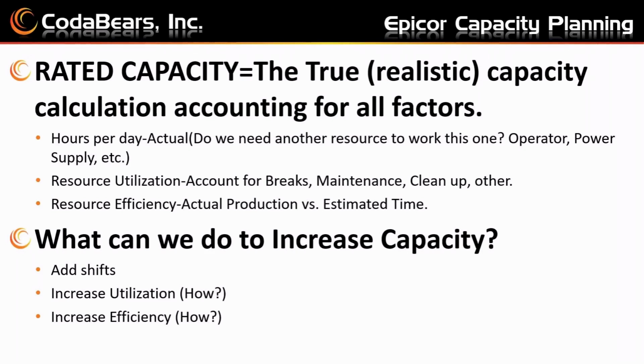How do you do that? You can do work studies on how you're running it, what the actual movements of the operation are, where material is placed, to increase your efficiency. And for your utilization, you can bring in additional staff to do the cleanup, if you're able to do that while the resource is still running, etc.